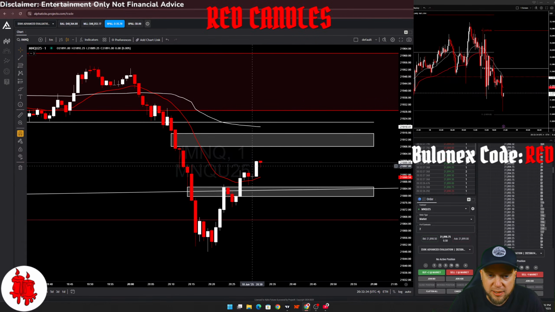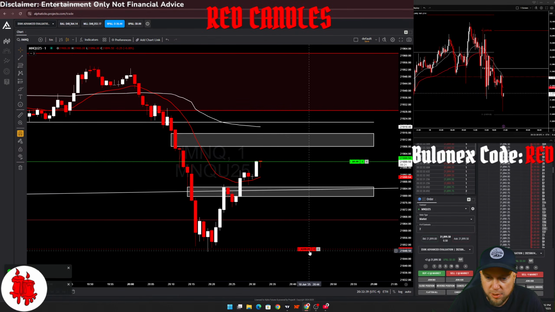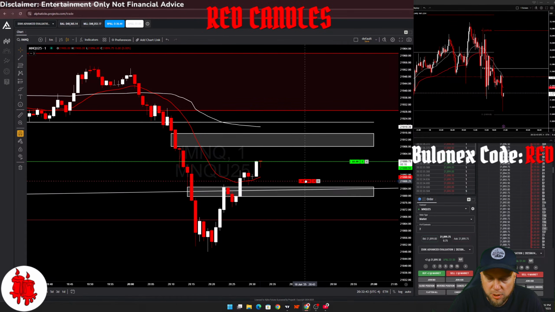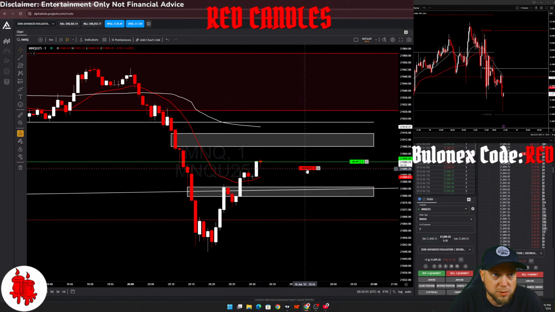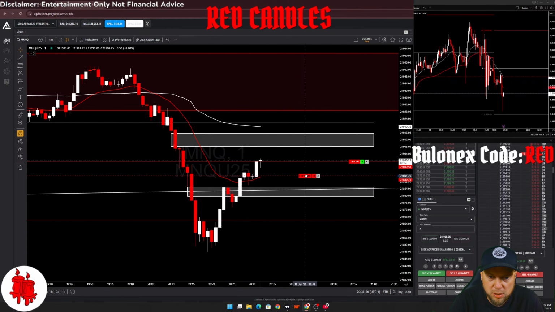Feel like I should take the stair step and back up. Let's play. Let's see what happens. We'll go right below the previous low. Now we gotta do a tight stop, so I don't have much to work with on this. Let's say right below the previous candle.